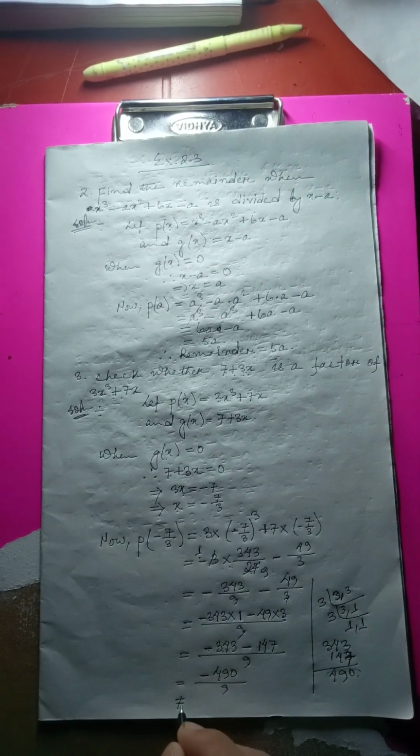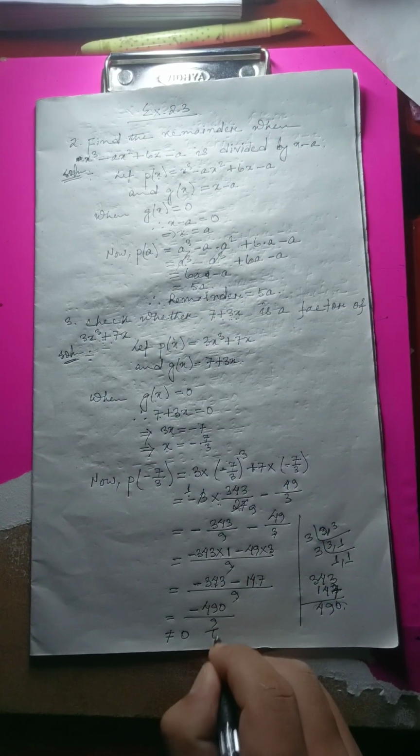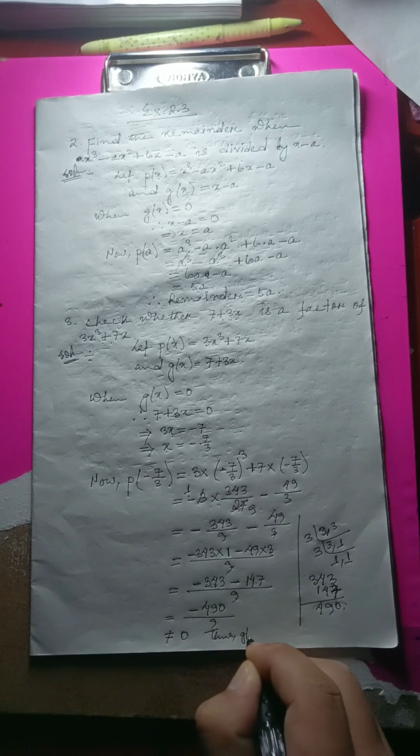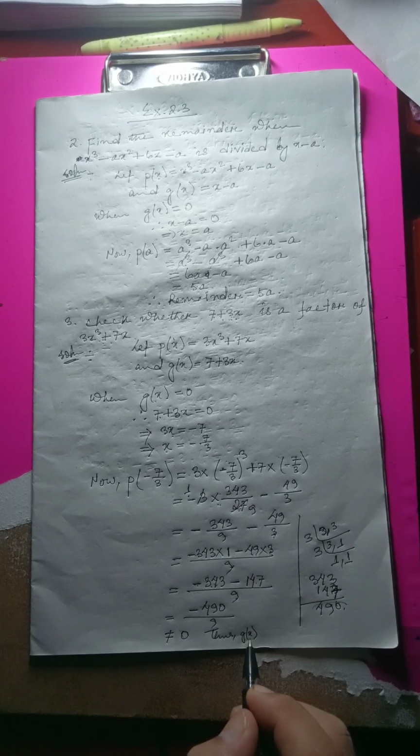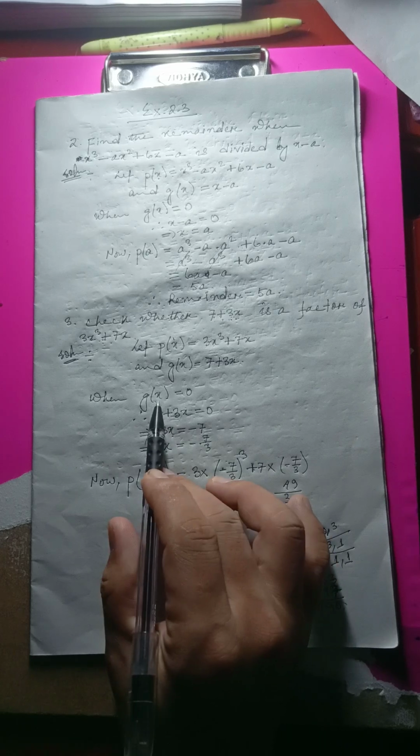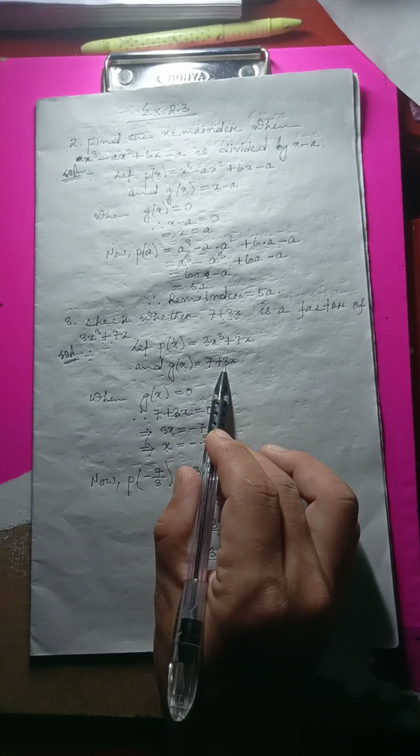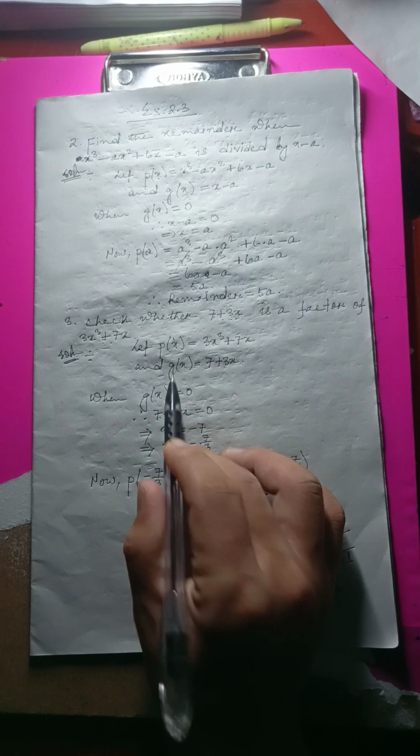Since it is not equal to 0, what should we write here? It is not equal to 0. If it is not equal to 0, then we will conclude that g(x) is not a factor of p(x). Let us write here: thus, g of x. If it talks about g of x, that means whatever we took, that is 7 plus 3x. We call it g(x).